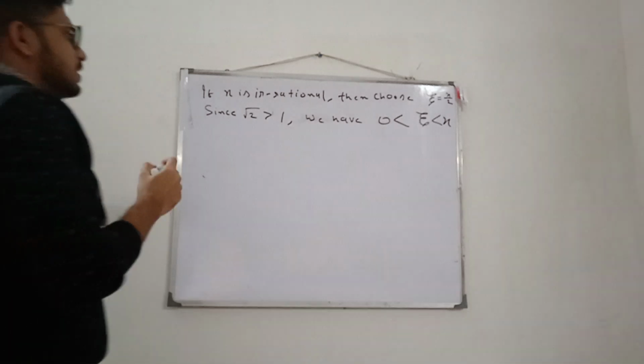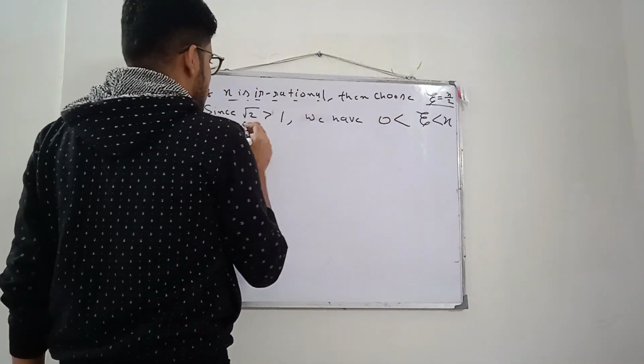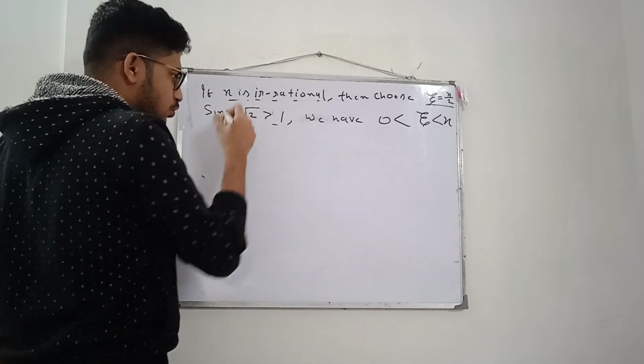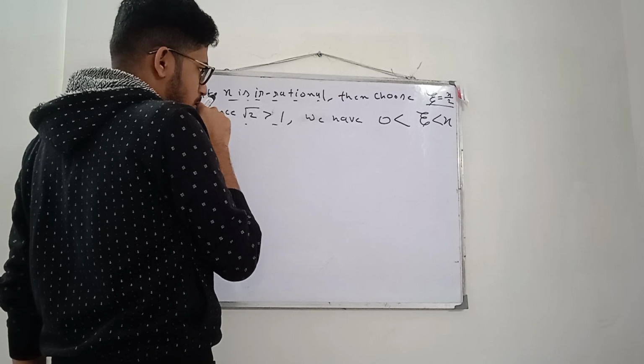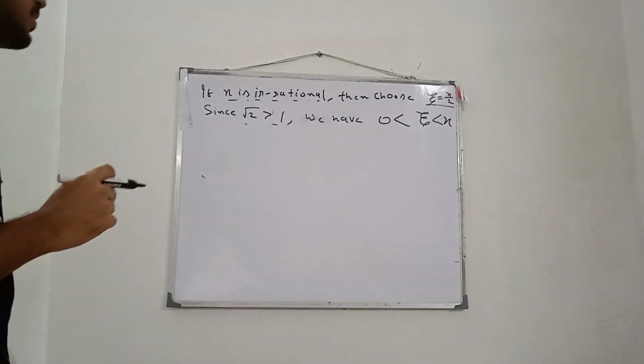If x is irrational, then choose this one. Since root 2 is greater than 1, root 2 has a value.